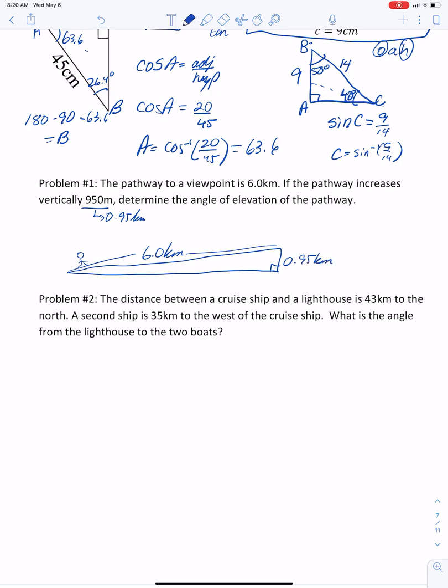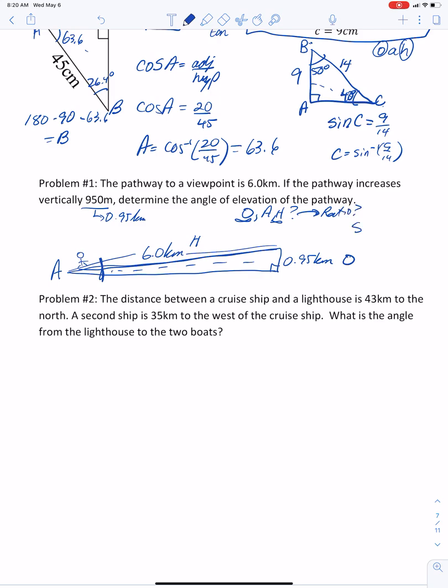What is the angle of elevation? That's this angle here, angle A. So again, I go through opposite, adjacent, hypotenuse. What are these? Well, this is my opposite, and this is the hypotenuse. So if I'm dealing with opposite and hypotenuse, now I decide what ratio is that.